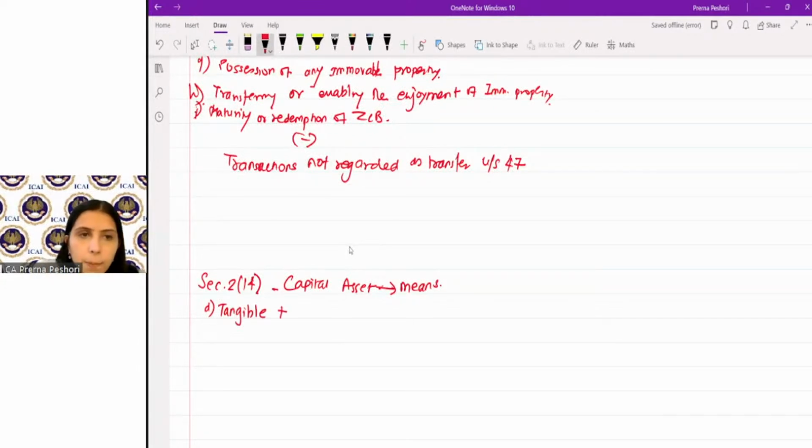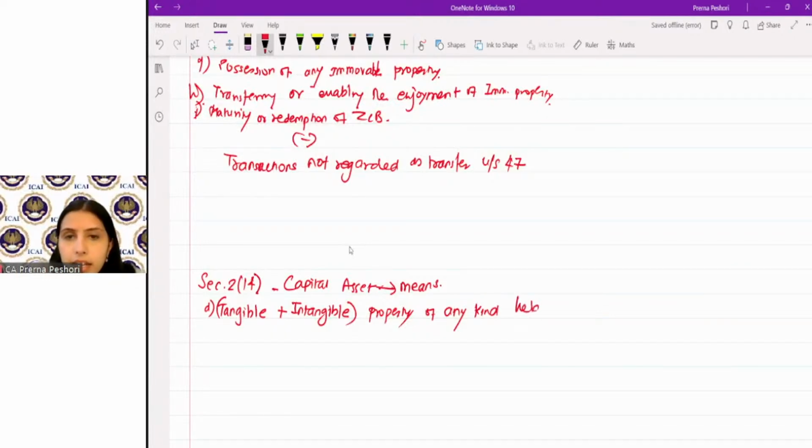tangible plus the intangible property of any kind. This I am writing, this is not part of the definition. But it means property of any kind. So it could be tangible or intangible property. Property of any kind, right? Held by the assessee.